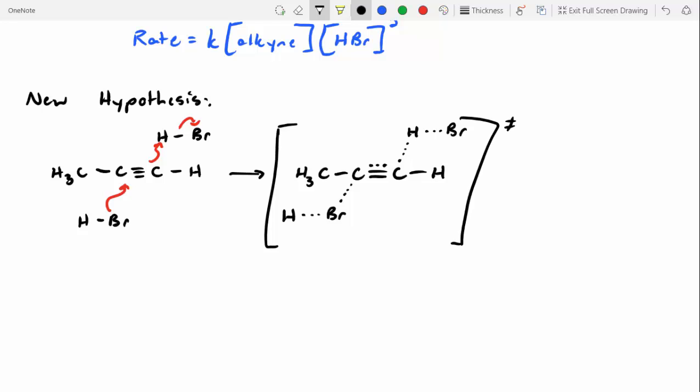This is one of the more exotic looking transition states for an elementary organic reaction. But it gives us the same product that we predicted. Let me change this. Here we go.